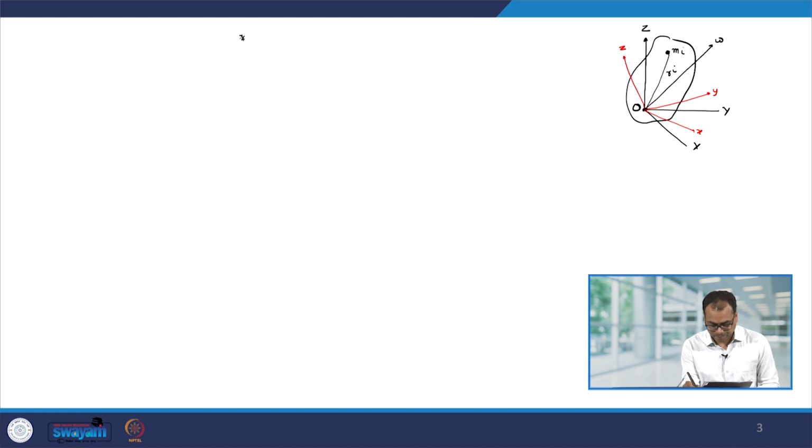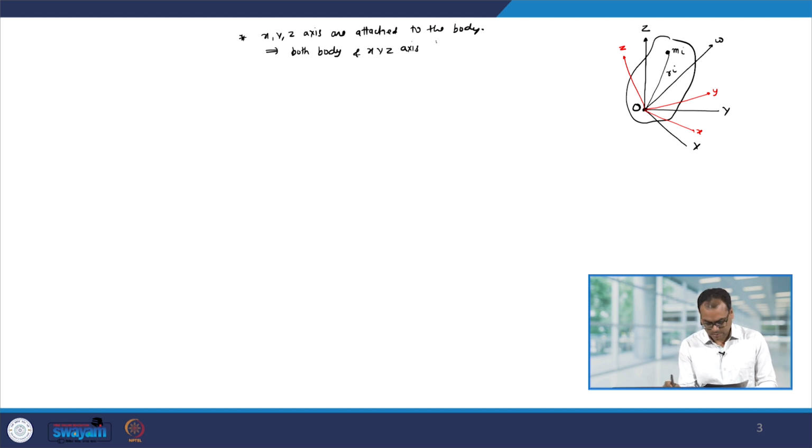As I said, the small x, y, z axes are attached to the body. Therefore, both the body and the small x, y, z axes have angular velocity omega. Now, in this case, what is the angular momentum about O?